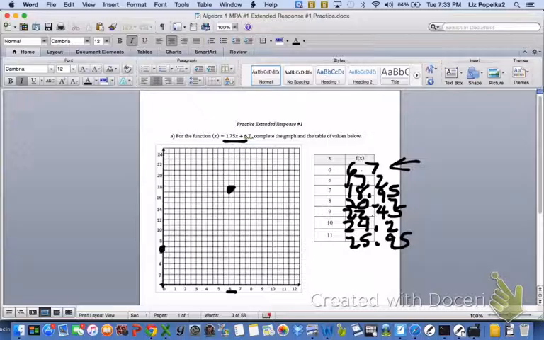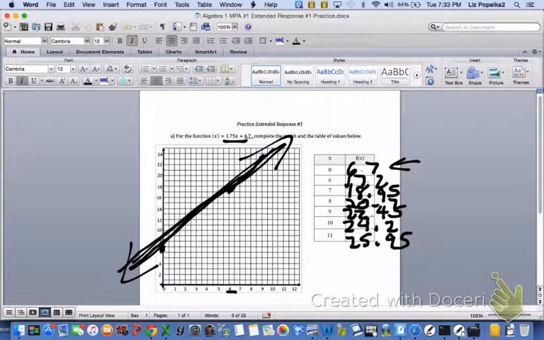So it'll be somewhere around there-ish. And then I'll use 7, 18.5. And that'll be somewhere around there. I know I'm close because this forms a linear, well, there we go, a linear pattern. Sorry, that's a little bit messy. Okay, so I've now graphed it.